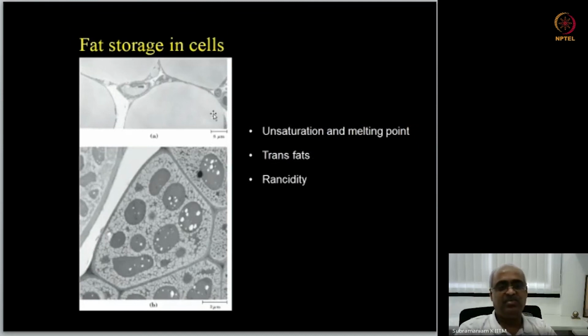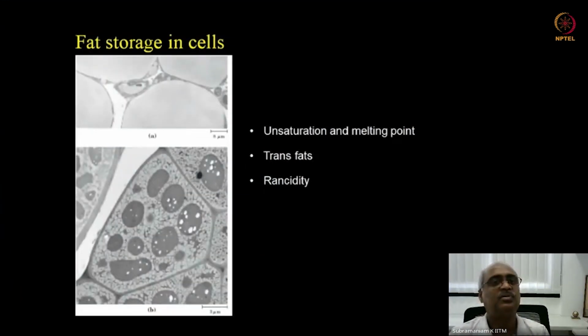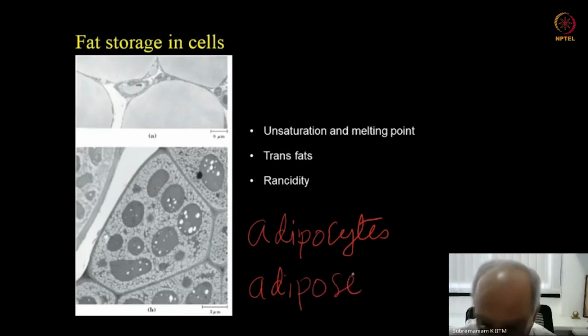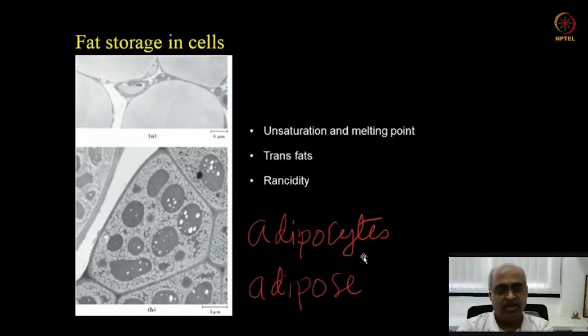And here is an example of adipocytes. These adipocytes are the cells which are fat filled. They are present in adipose tissue, which is under our skin and also surrounding many internal organs.